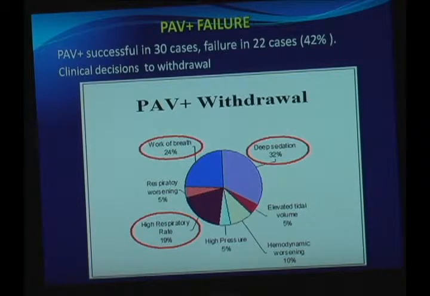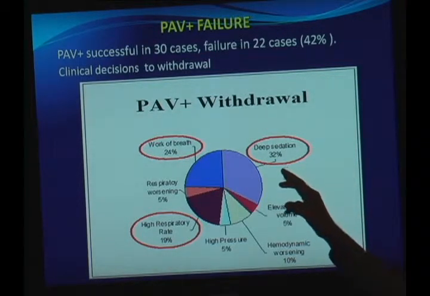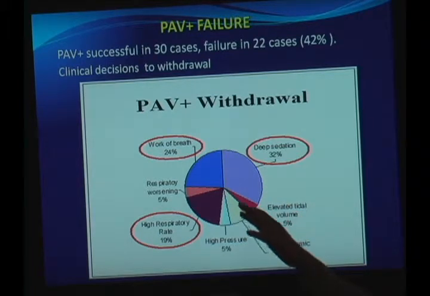And finally, it seems that this was the perception of the bosses or the main investigators, but not of the rest of the team. So they still use deep sedation in some of them. They don't accept too high a respiratory rate. So it's a hard part.